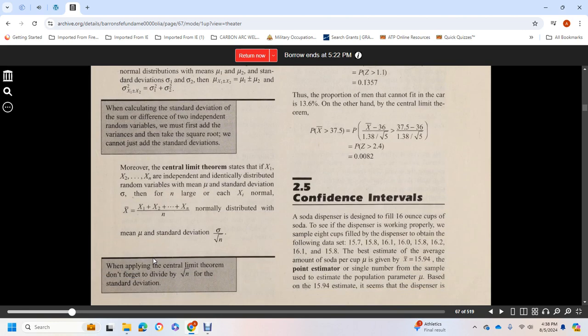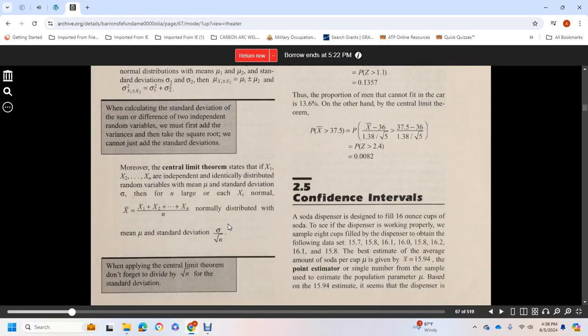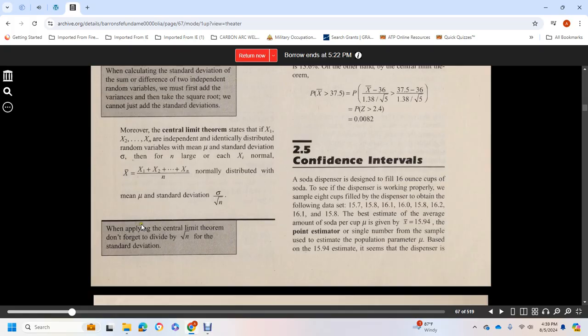Moreover, the central limit theorem says that for x1, x2, up to xn independent, identically distributed random variables with mean mu and standard deviation sigma, then for larger n, the sum x1 plus x2 plus up to xn, divided by n, the sample mean, is normally distributed with mean mu and standard deviation sigma over the square root of n.